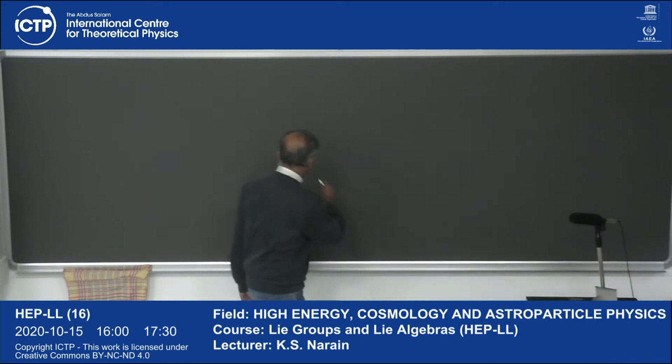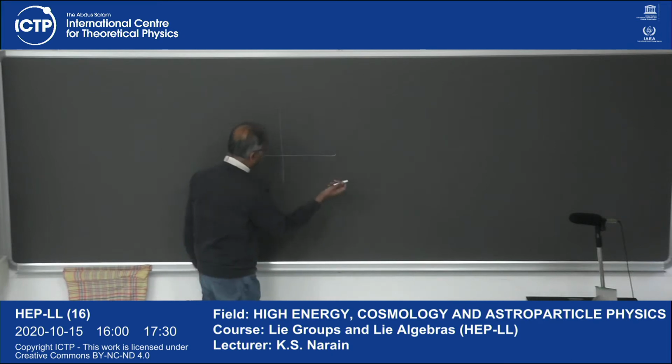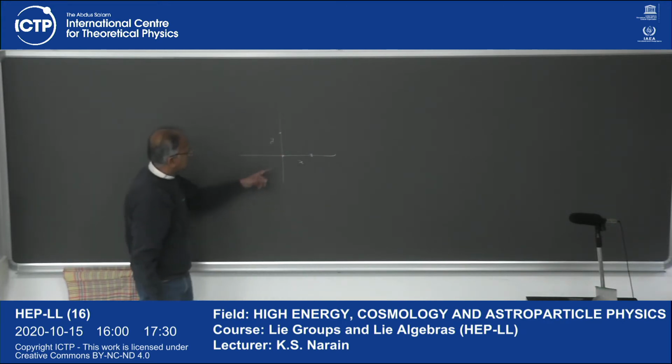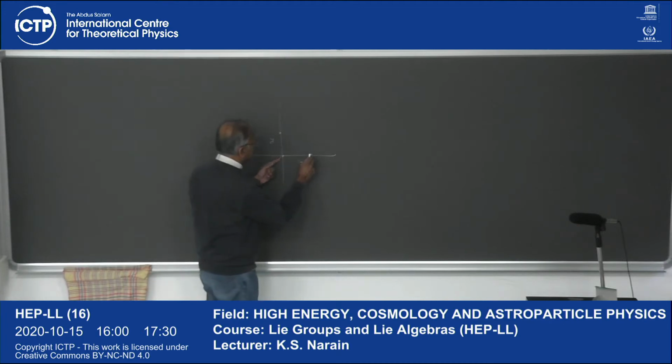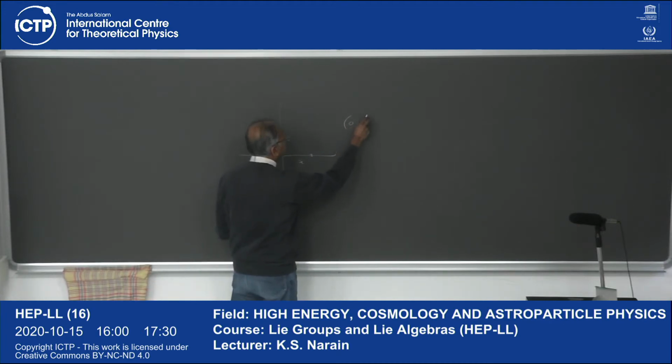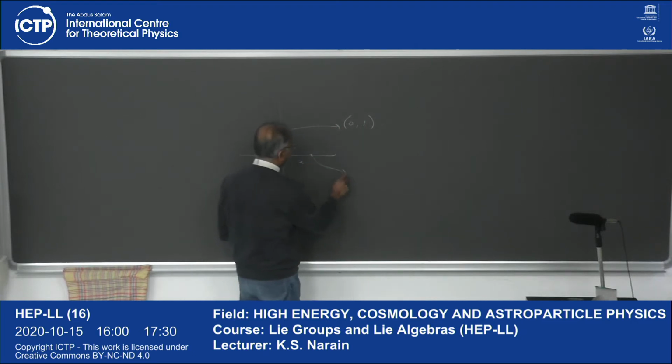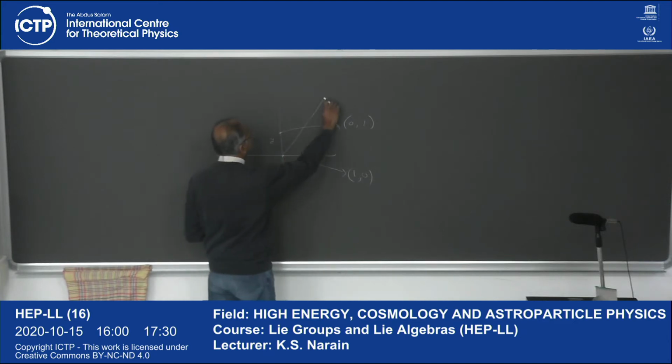Normally we choose an orthogonal basis: this is the x direction, that's the y direction, and I choose a basis vector 0, 1, where 0 is the coordinate of x and 1 is the coordinate for y, and for this one I choose 1, 0.